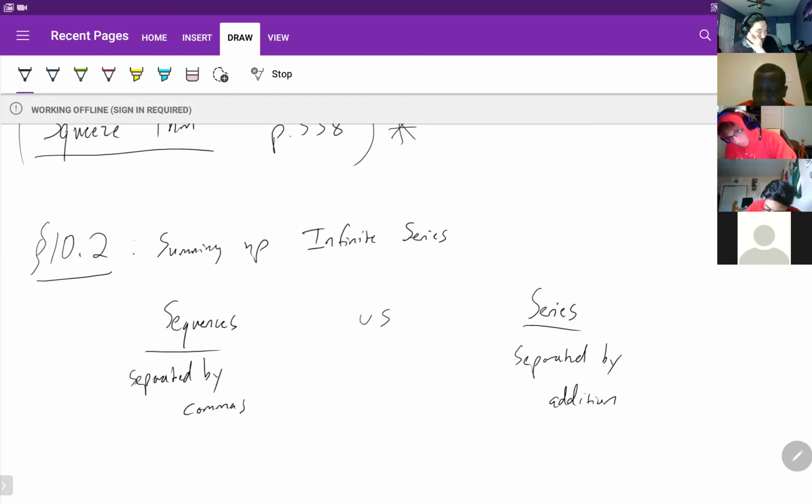A sequence goes term by term and tells you what it tends to, but as soon as you start adding up those terms, it changes the rules slightly, mostly with the convergence and divergence stuff.